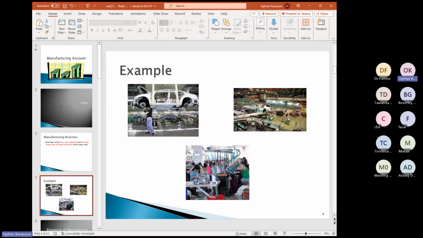When they are producing an aeroplane, they need materials which are usually expensive. The same applies to tailoring. They want to convert the cloth which has been purchased into proper clothes, proper attire. So raw materials are converted into finished goods.